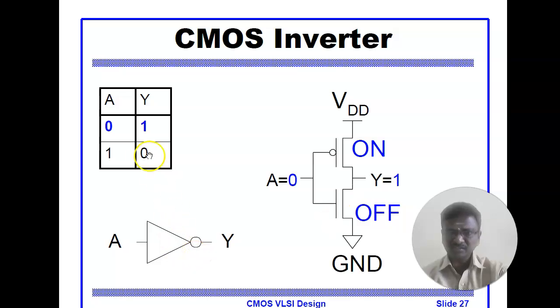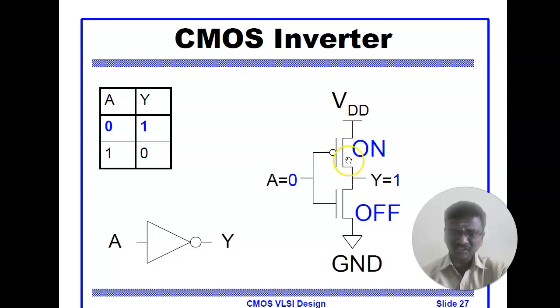The second condition is when you apply 0 as input to this transistor, A. Then the PMOS transistor will be in on condition and the NMOS transistor will be in off condition. How will the PMOS transistor be in on condition? When you apply 0 to the PMOS transistor, it will be in closed condition, that is, in on condition.